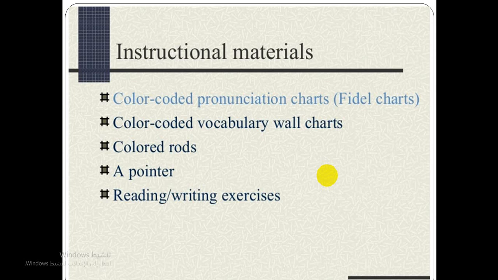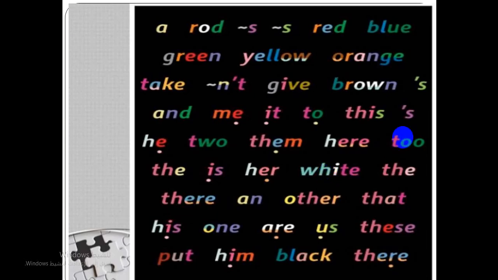The symbols are color coded according to pronunciation. Thus, if a language possesses two different symbols for the same sound, they will be colored alike. In this example, we use different colors to represent different symbols for the same sound.